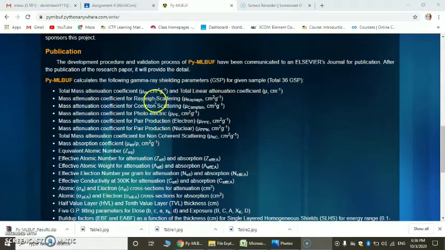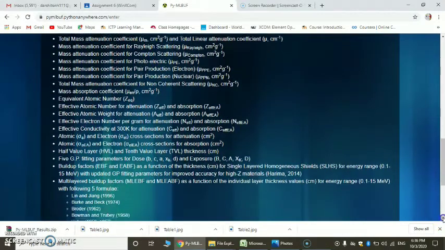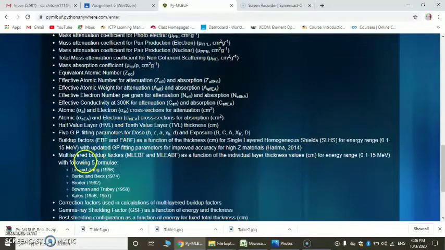Mass attenuation coefficient for different scattering, then for pair production, then equivalent atomic Z number, then effective atomic number for attenuation. So there are many parameters. Then we have multi-layered build-up factors for different formulas like Lin-Jiang formula, Burke and Beck formula, Broder formula, Brown-Mann and Turbe formula, Carlos formula.